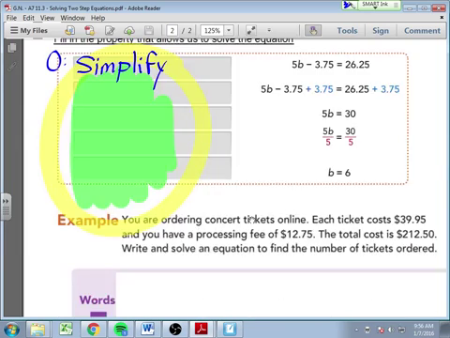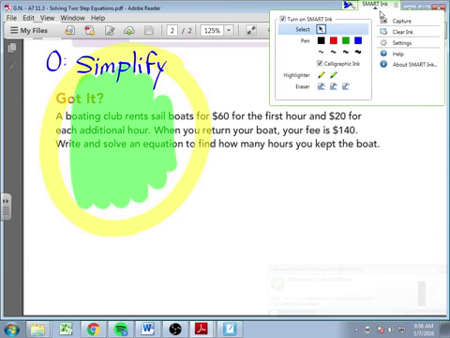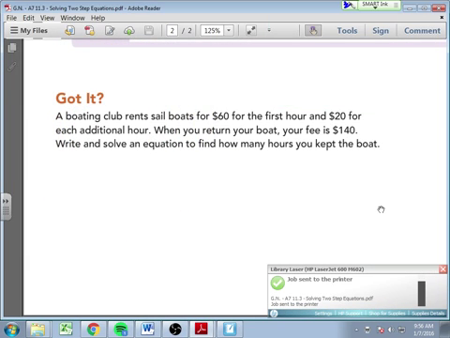All right, so you should be able to highlight, underline, circle, star, whatever you do to notify yourself of what's important in here. And then you should be able to set up the equation. Now, here's the thing. Most students in my 3 years of teaching so far, well, 4 years now, mess up this problem because they're not paying careful attention.